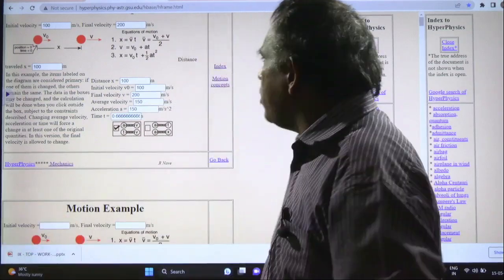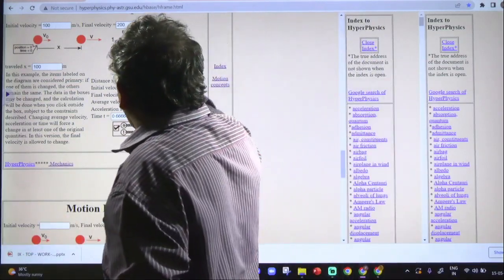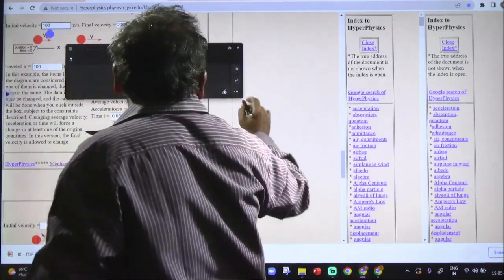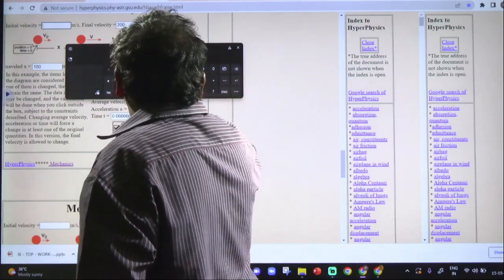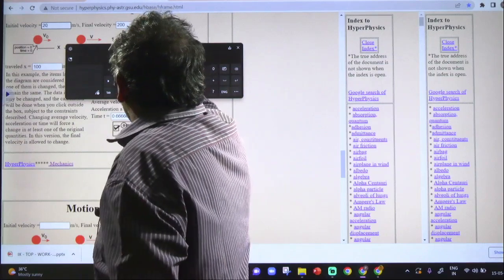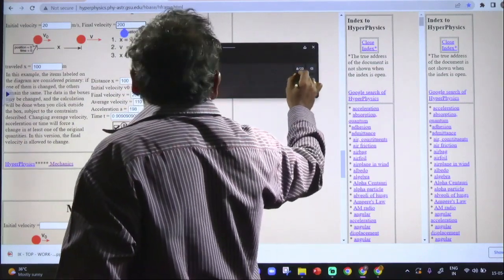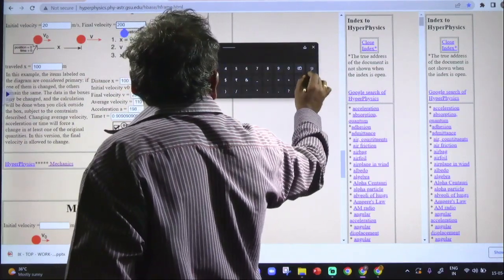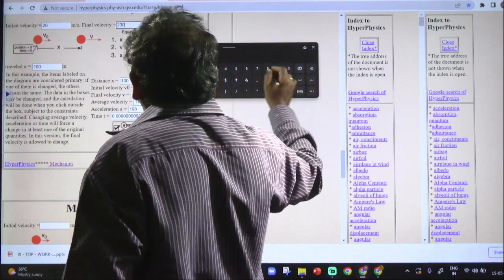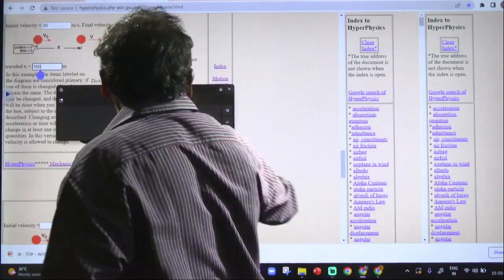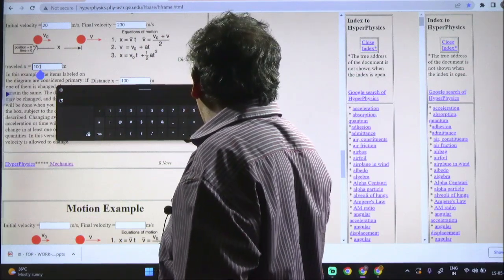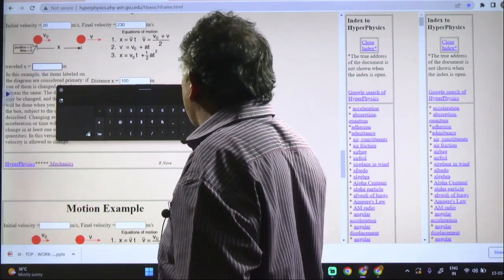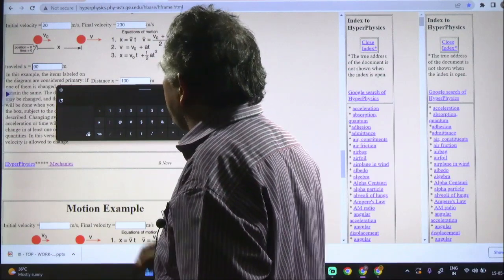Or you can give any value, some random values, like 150 or 20 here, 300 or 230 here. The displacement value you just change, so a different value like 90 meters you take.